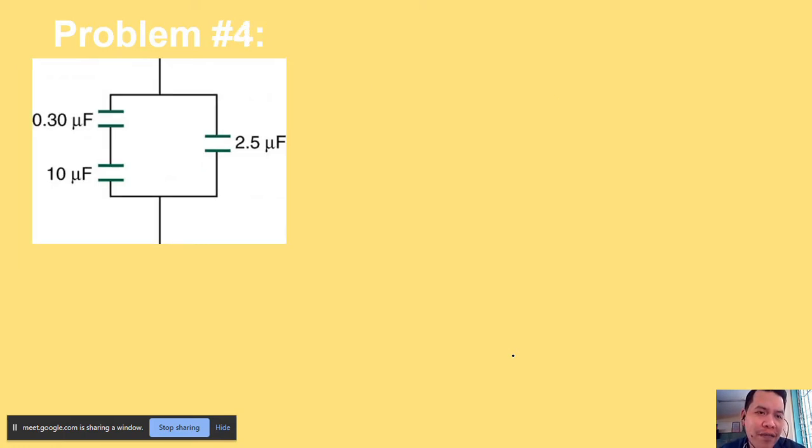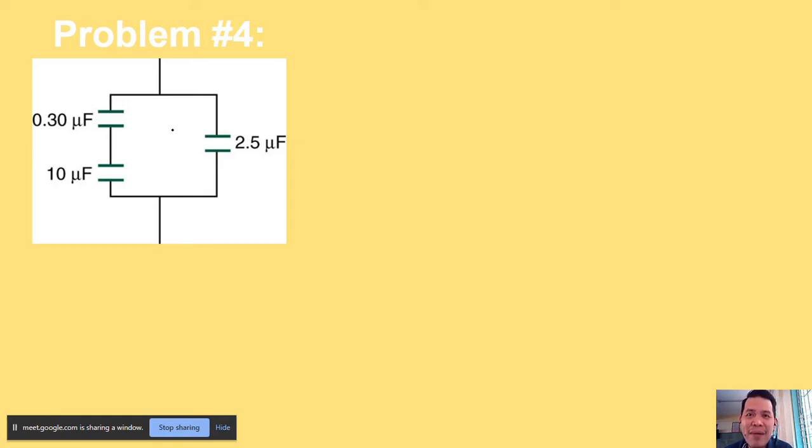So, there we are given 3 na capacitors. Again, this time we'll start from right to left. So, hahanapan po natin ng partner si 2.5 microfarad. Sad to say, wala pong partner si 2.5 microfarad kasi po si 0.30 microfarad ay nakagapos na po kay 10 microfarad.